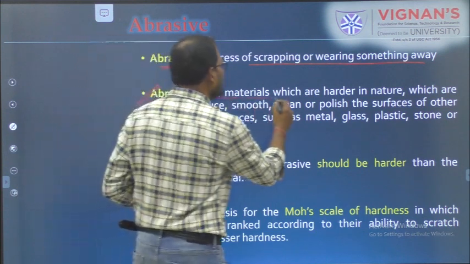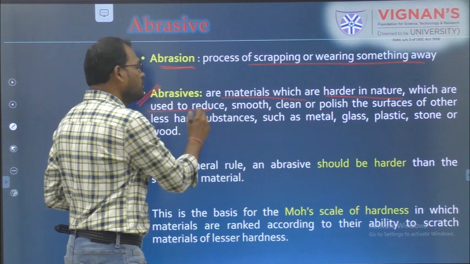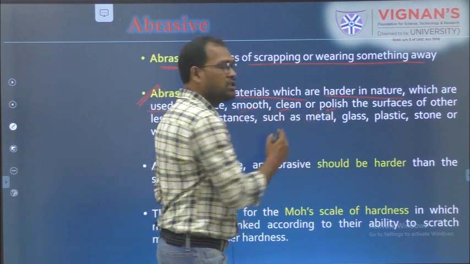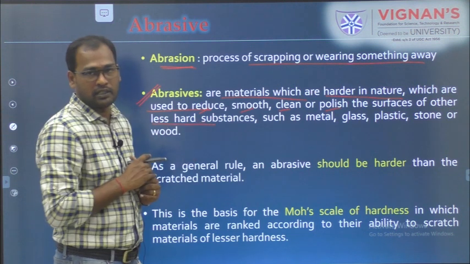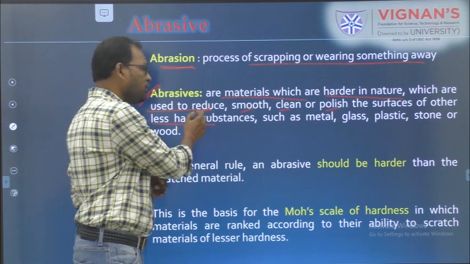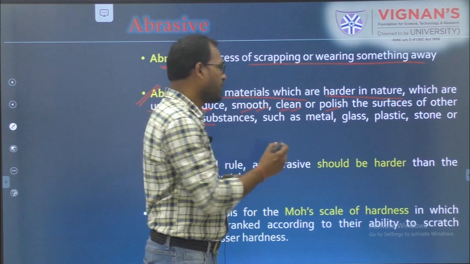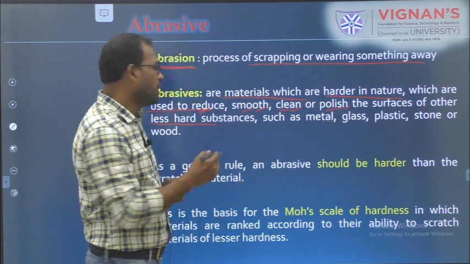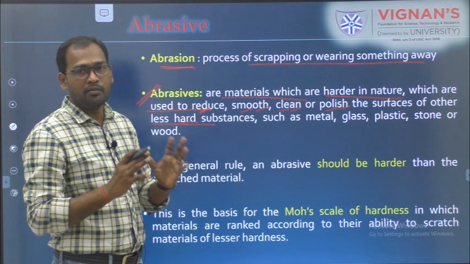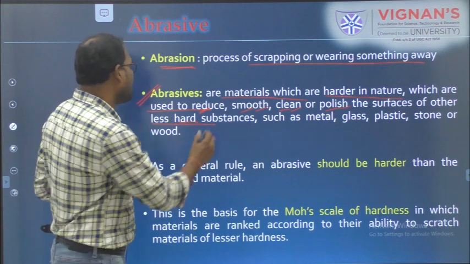Abrasives are much harder materials which can be used to reduce, smoothen, clean or polish the surface of other less hard substances. They are hard materials used to reduce the surface irregularity, make the surface smooth, clean the dirt on the surface, or polish the surface where the material is less hard than the abrasive.